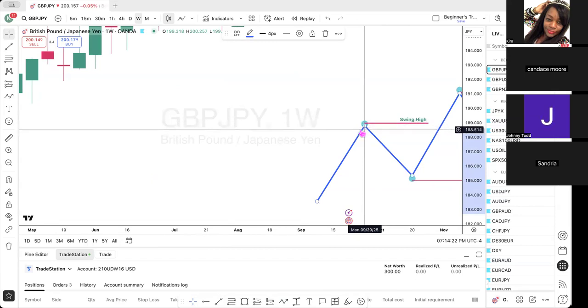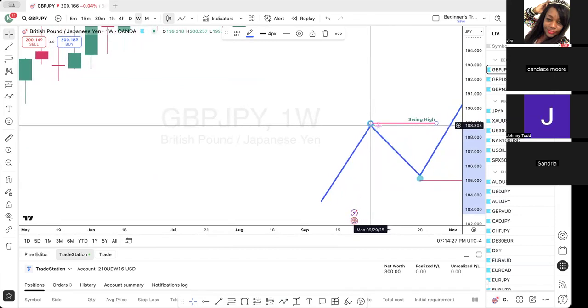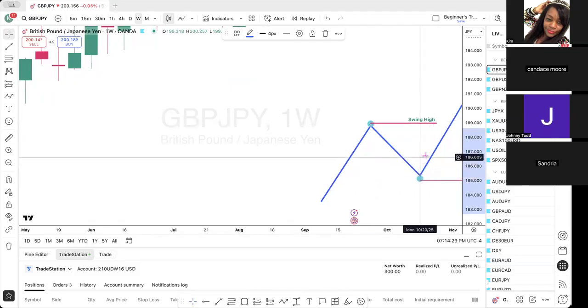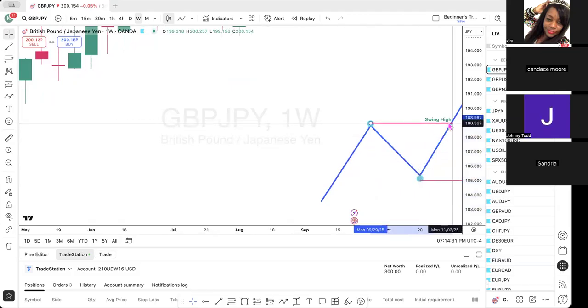I mean, this is currently a high, right? Once price breaks this high, and for me, I like to see a break on a 1 hour or 4 hour.